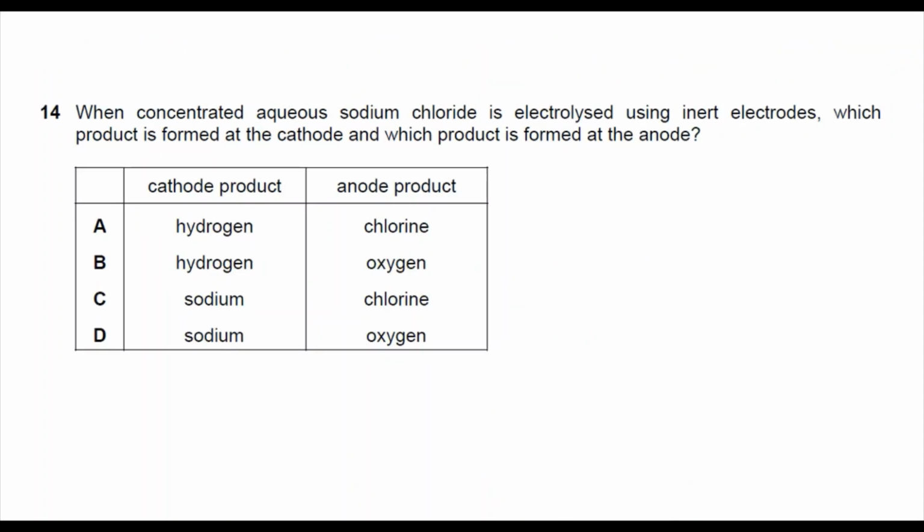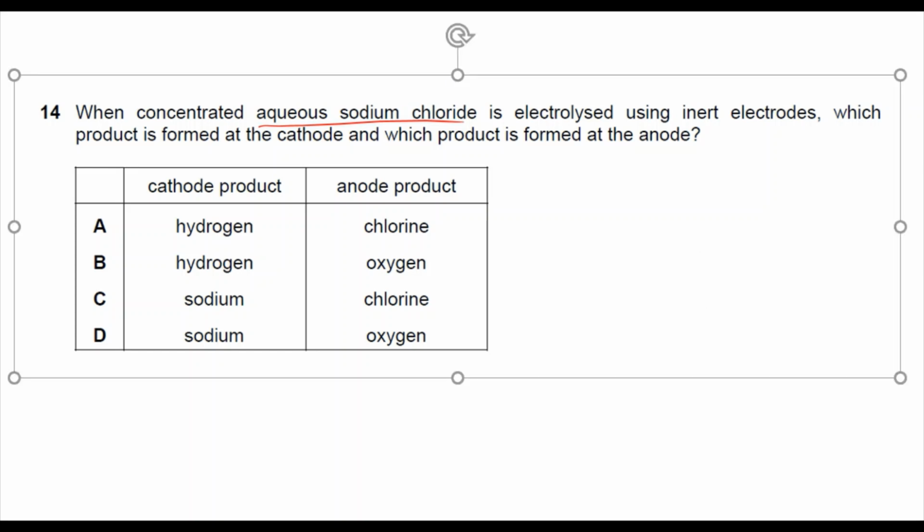When concentrated aqueous sodium chloride is electrolyzed using inert electrodes, which product is found at the cathode and which product is found at the anode? Basically, for electrolysis, whenever you have an aqueous solution, you have two extra ions present, one extra cation, one extra anion.